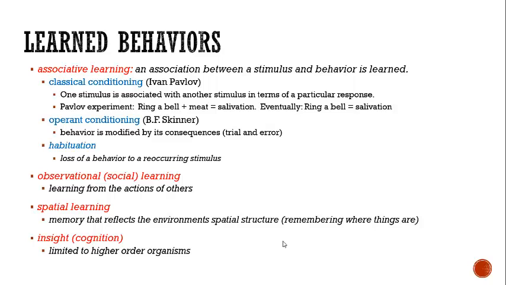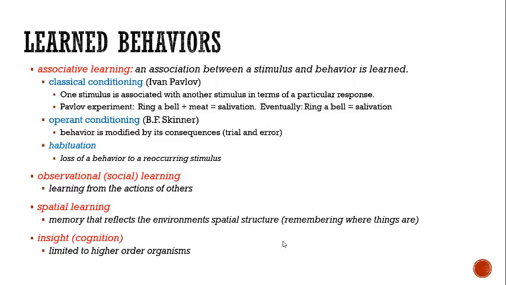The second type of associative learning is called operant conditioning. Operant conditioning is just trial and error learning, in which a behavior is modified by its consequences. Operant conditioning was studied by a famous psychologist named B.F. Skinner. In a moment, we're going to look at an example of classical conditioning, and we're going to look at an example of operant conditioning as well.